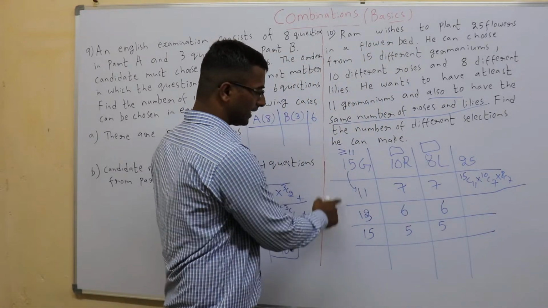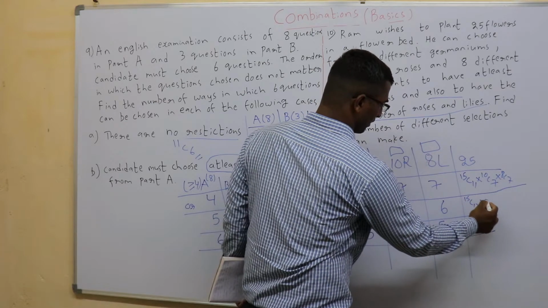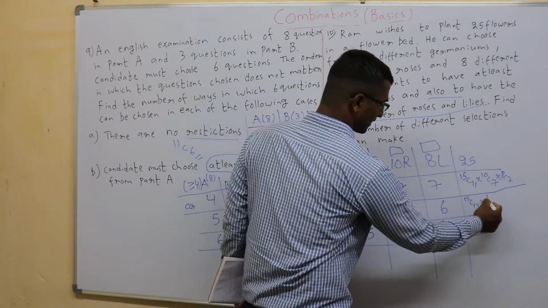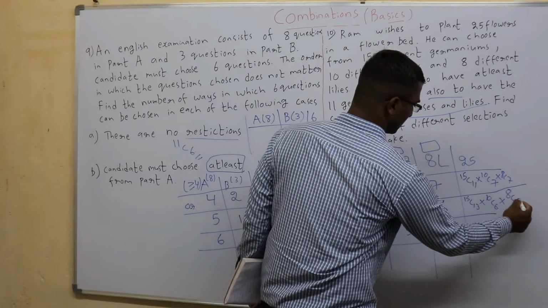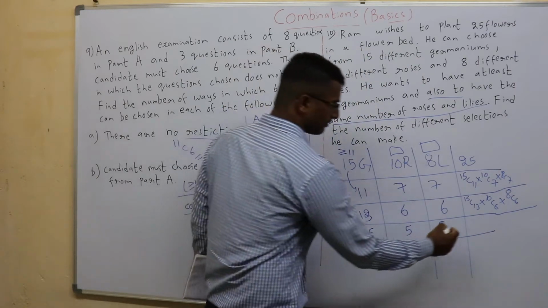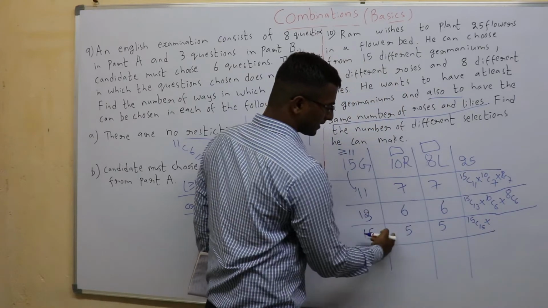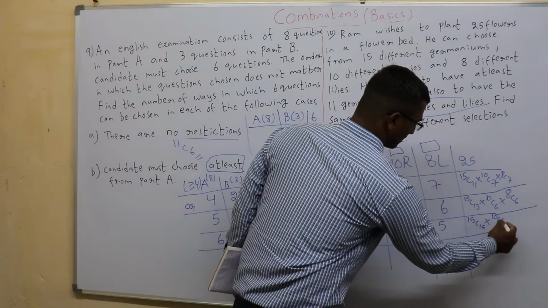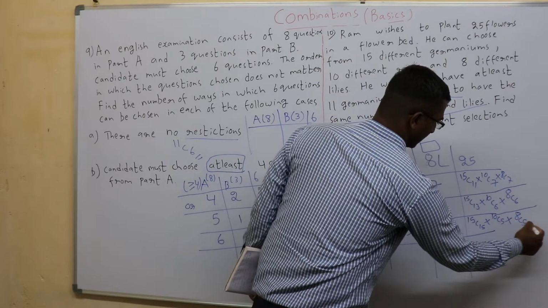Next, from 15 you are selecting 13, so 15C13, into from 10 you are selecting 6, 10C6, and from 8 you are selecting 6, 8C6. From 15 you are selecting 15, so 15C15, from 10 you are selecting 5, so 10C5, and from 8 you are selecting 5, so 8C5.